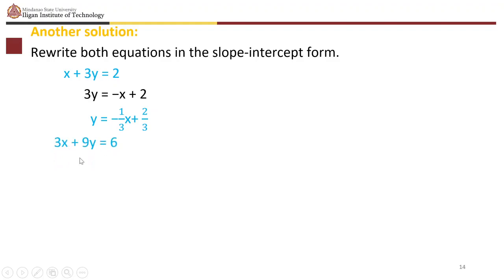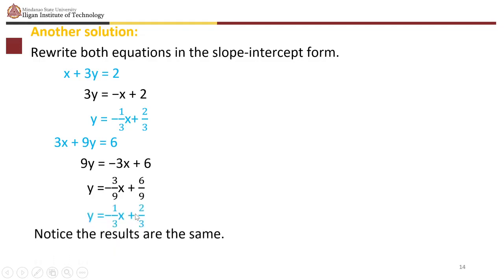On the other hand, the second equation is 3x plus 9y equals 6. You can rewrite that as 9y equals negative 3x plus 6, subtracting 3x on both sides, and then divide by 9 to get y. So you come up with negative 3 over 9 x plus 6 over 9.